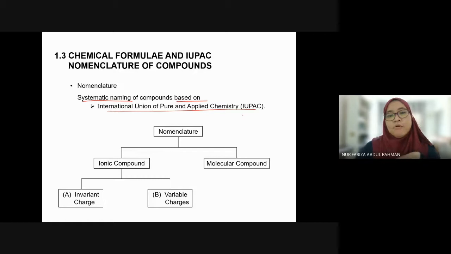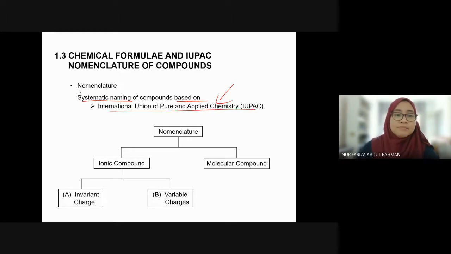This is the body that controls anything related to chemistry. Whatever is related to chemistry, we need to base it on IUPAC, especially the naming.